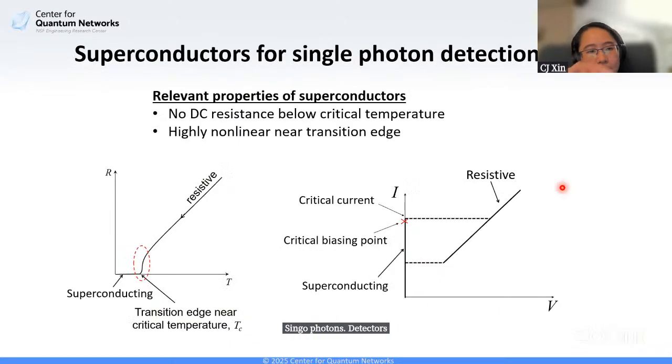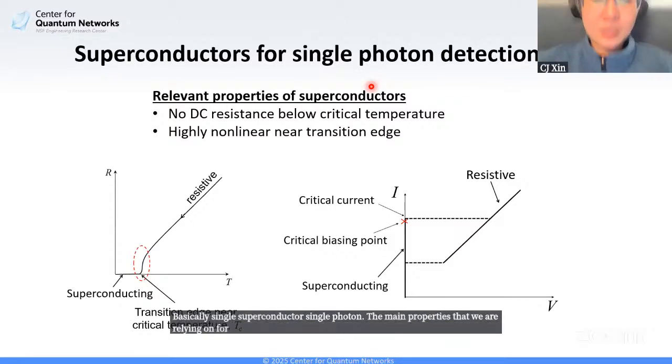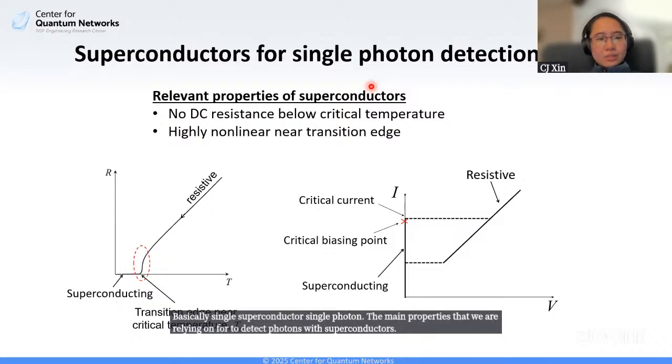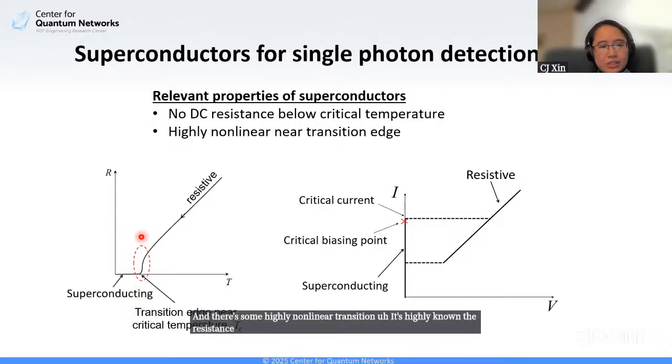The main property that we rely on to detect photons with superconductors is that there is no DC resistance below some critical temperature, and the resistance change is highly nonlinear near the transition edge.